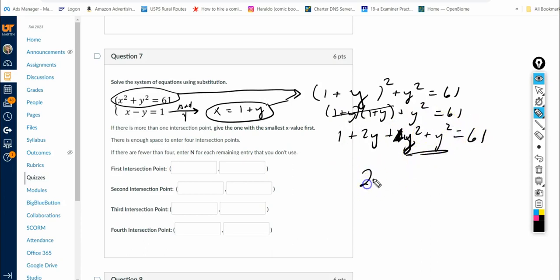So I'm going to have 2y squared plus 2y plus 1 is equal to 61. Subtract 61 from both sides and you'll get minus 60. Divide every term by 2 because we can.